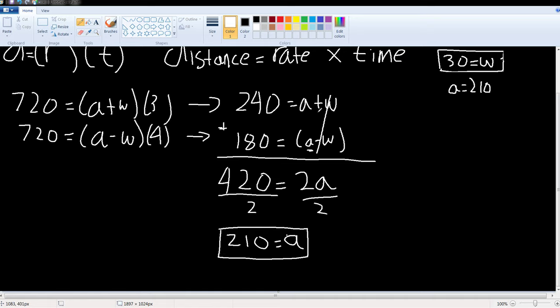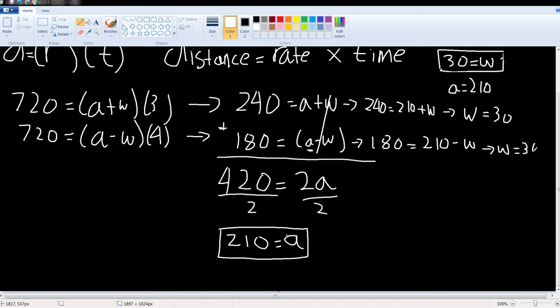And if we look back to either of these equations, we have 240 is equal to a plus w, but we know a is 210. So we can say 240 is equal to 210 plus w. Or if you want to use this equation, we'll have 180 is equal to 210 minus w. And in each of these equations, we can see that w equals 30.